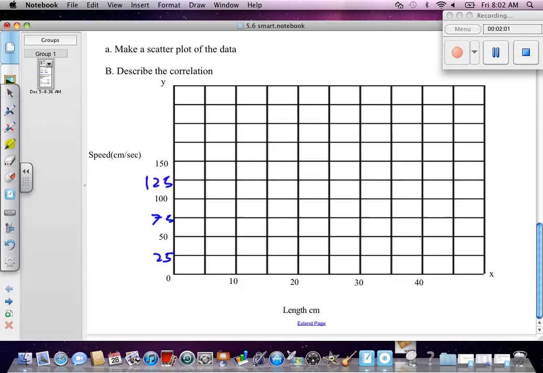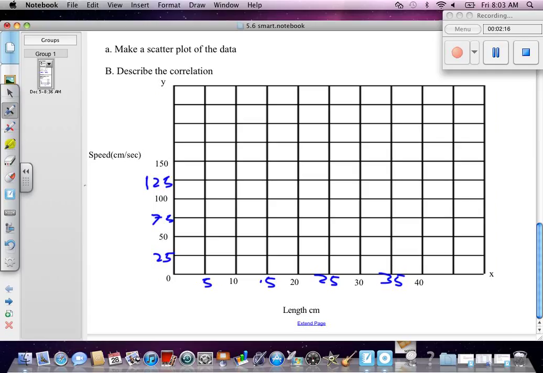And along the bottom we're going to go by 5: 5, 10, 15, 20, 25, 30, 35, 40, and so on. And then we're going to graph these points.